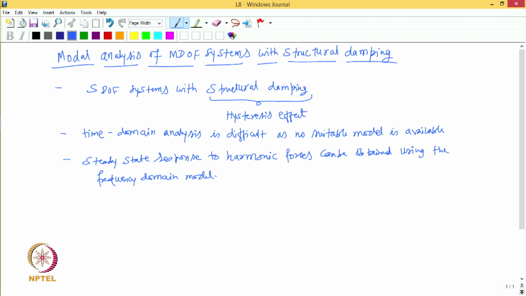And we defined what is called the structural damping coefficient, denoted by H. The structural damping coefficient was defined at a harmonic frequency omega, and hence this corresponds to a frequency domain representation of the structural damping. We also defined what is called the loss factor, which is given by the ratio of structural damping coefficient and the stiffness. This is something we defined for the single degree of freedom system.